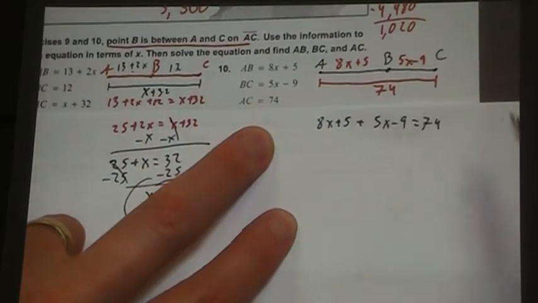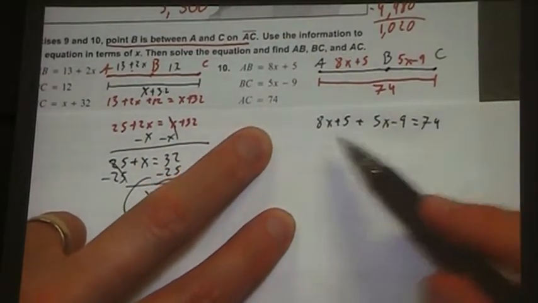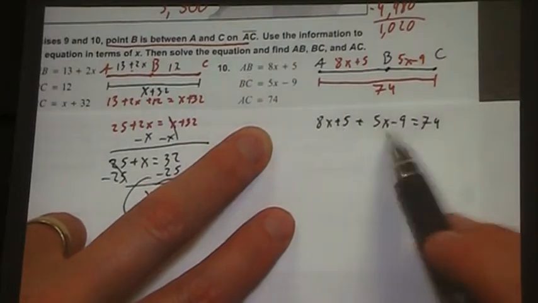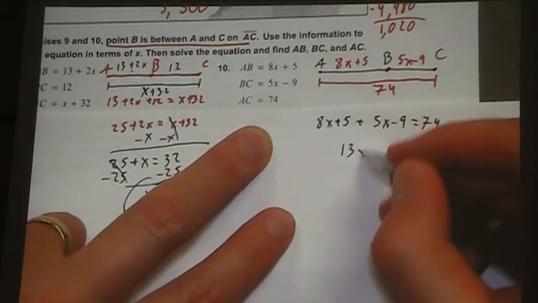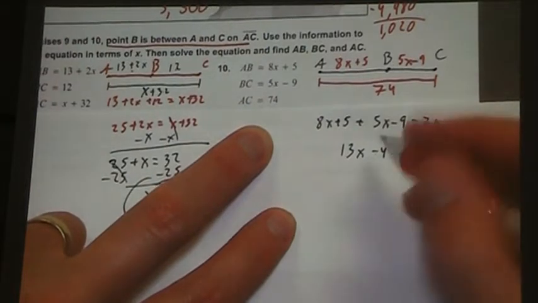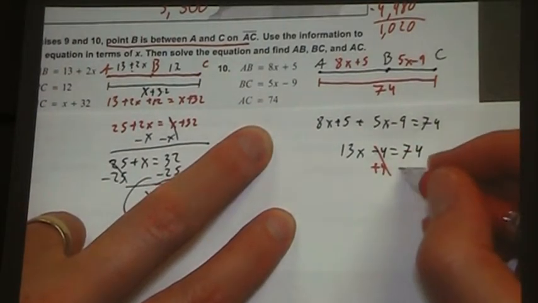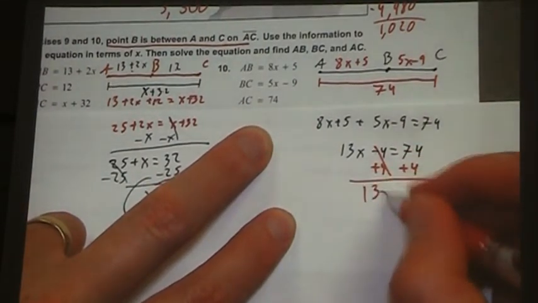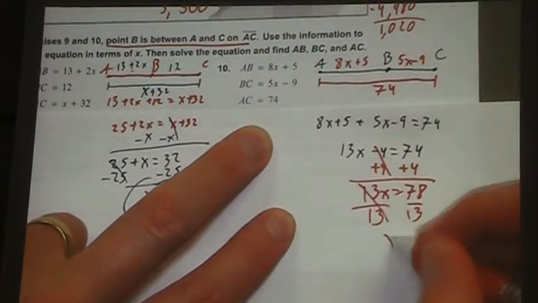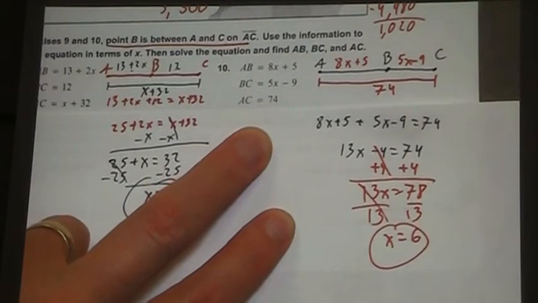Right here, combine your like terms. It's not a two-step equation, but it's close. We're going to combine our like terms. Now it's a two-step equation. I think that's a 6.